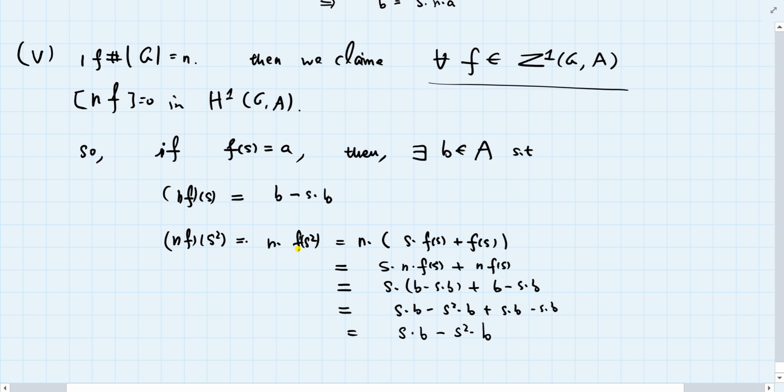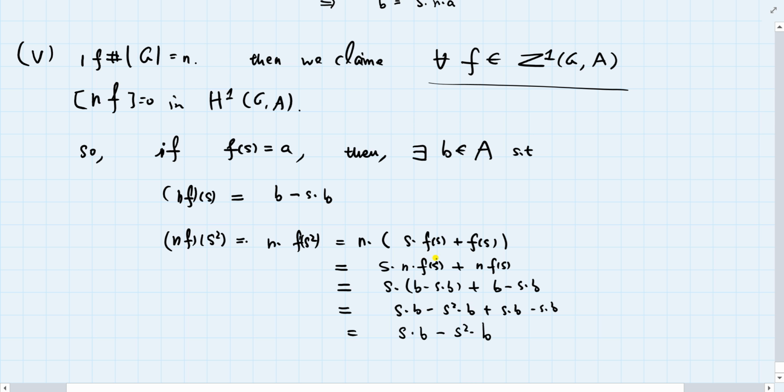Power of S squared, then it's N times Fs squared. Fs summation inside A, but Fs square must satisfy s times fs plus fs, no problem.